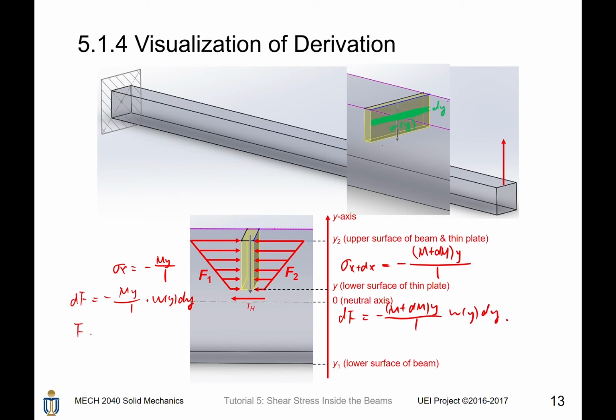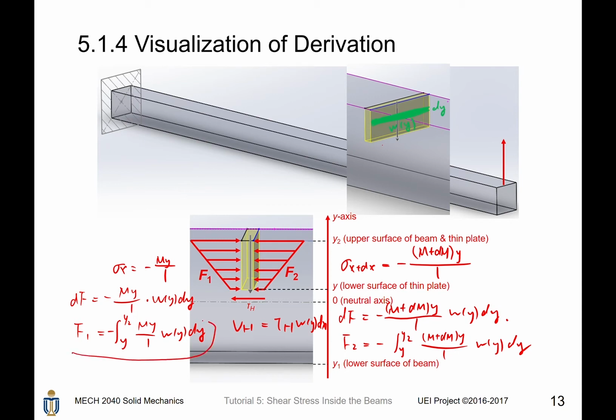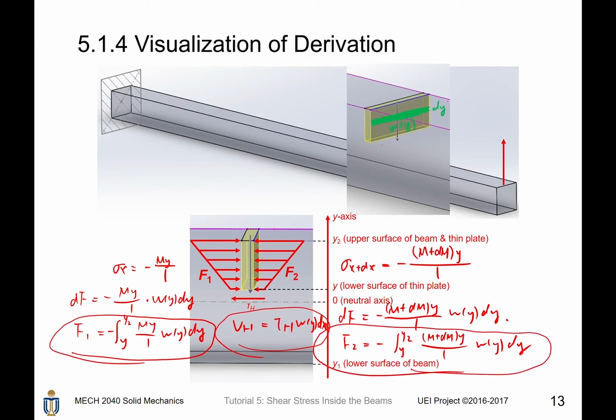Then we know F1 equals the integral from y to y2 of minus My divided by I wy dy. F2 equals minus the integral from y to y2 of M plus dM times y divided by I wy dy. And VH equals tau h times wy dx. So we do the force equilibrium of those three forces, then we can get the result. The force equilibrium for those three forces is left to you as an exercise. I'm not going to continue.